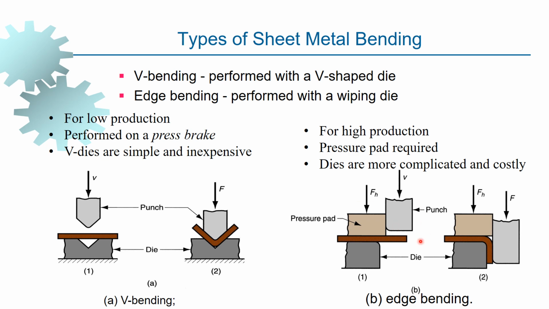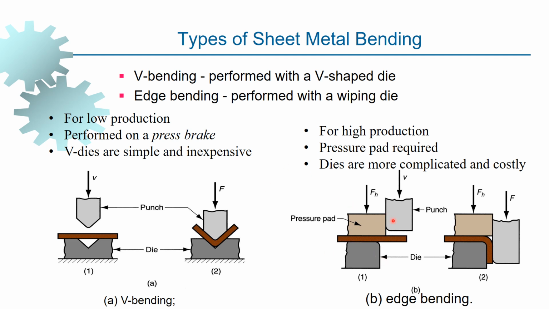Now the second type is called edge bending. Here the shape is V, but in the edge bending the shape is somewhat like a square. So here the punch and die, there will be a clearance between them. The clearance will be given in such a way that there will not be any shearing, and the material will bend only. So we make sure that the material will not shear, and the material will undergo bending only.